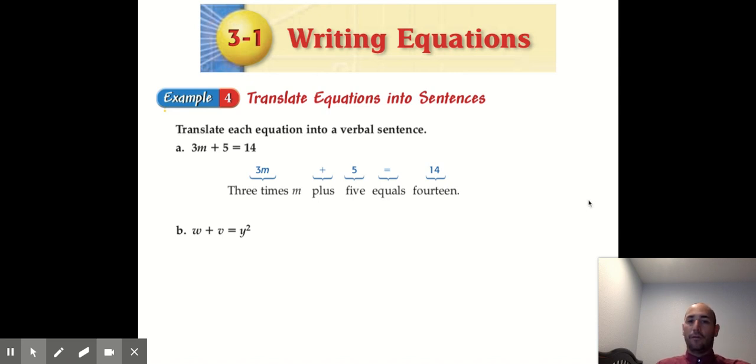These are a little more straightforward. And then here I have w plus y equals y squared. So in words, sum means addition. The sum of w and y equals the square of y. Y squared is the square of y.